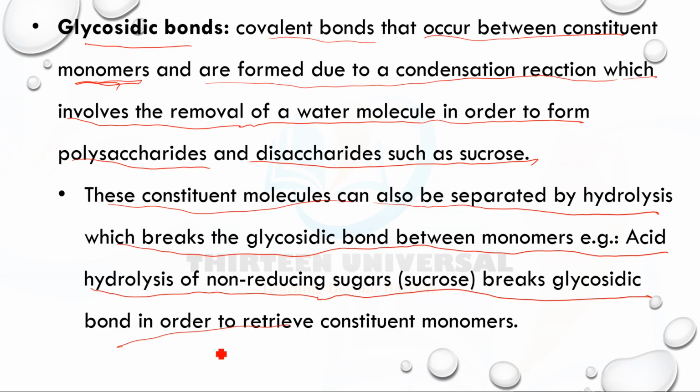So if sucrose consists of alpha glucose plus fructose, they combine together to give us sucrose. If you break this bond, this glycosidic bond, that's hydrolysis. That's what joins them. So the reverse of condensation reaction is called hydrolysis.